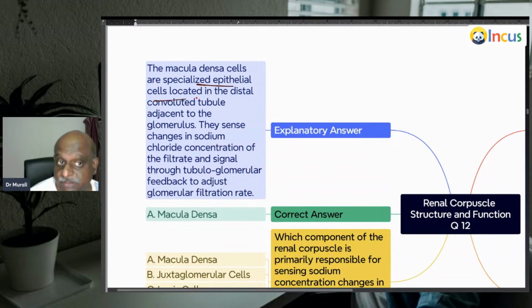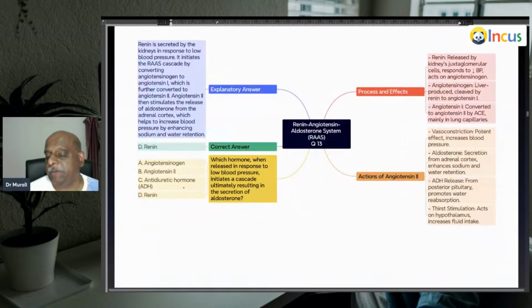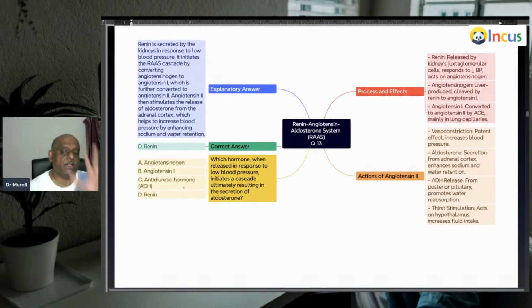They are specialized epithelial cells in the distal convoluted tubule. They sense the changes in the sodium chloride and signal the tubuloglomerular feedback, is what you have to remember. So every NEET PG doctor, they will invariably ask you questions on renal physiology. You need to be very sure.